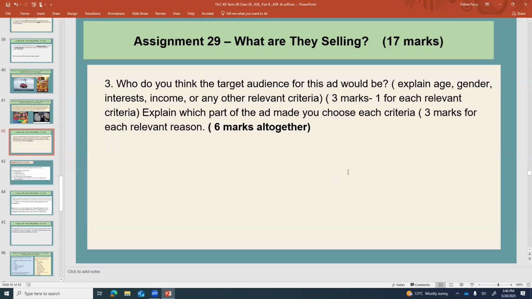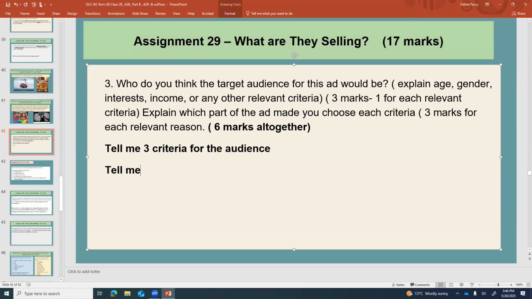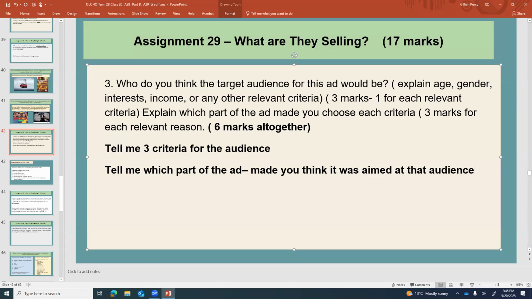That means I want you to tell me 3 things, okay? So tell me 3 criteria for the audience. Then tell me which part of the ad made you think it was aimed at that audience.